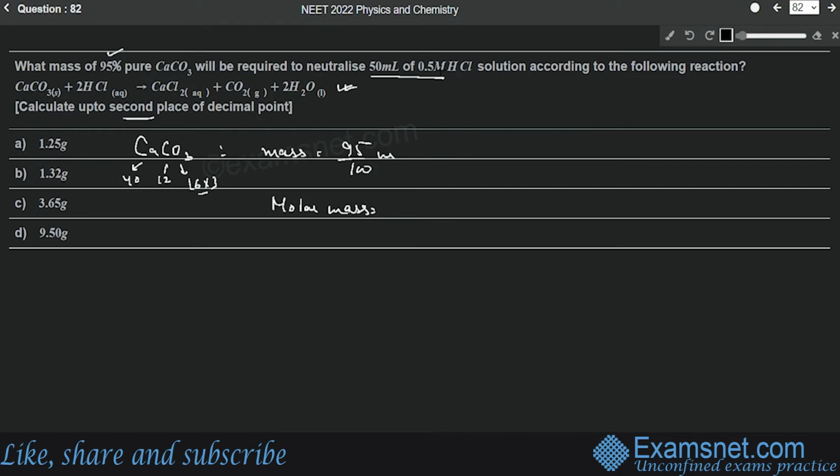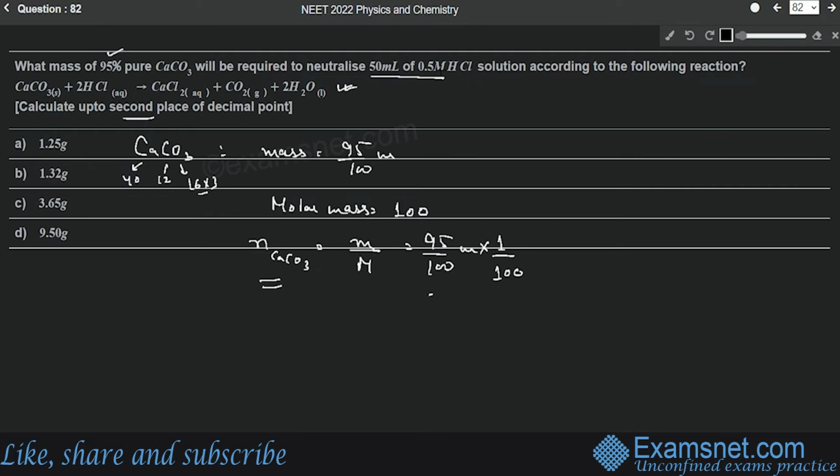So if we add all of them, we'll get 100. Okay. Now, what will be the number of moles of calcium carbonate? It will be equal to mass by molar mass. That means 95 by 100 m divided by 100, right? So this is the number of moles of calcium carbonate.